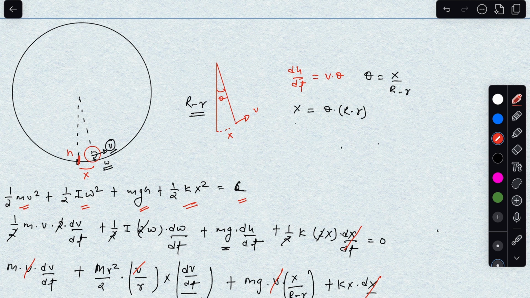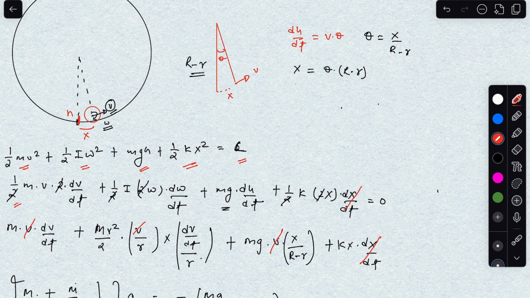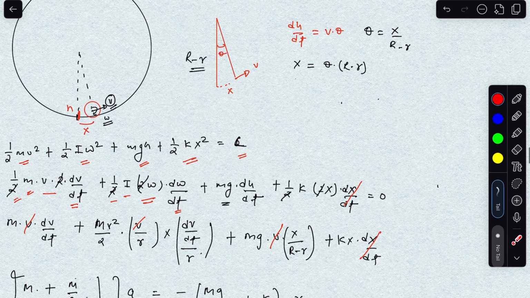Now I differentiate this: half m times 2v dv by dt, plus half I times 2 omega d omega by dt, plus mg dh by dt, plus half k times 2x dx by dt, and the derivative of the constant becomes 0.